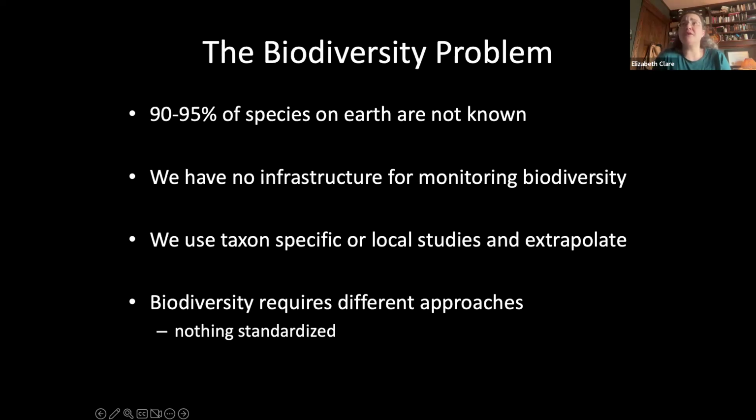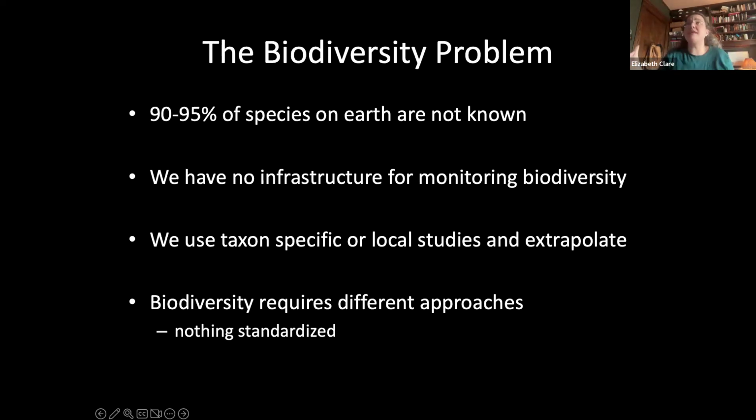Why is it so unknown? Why do we know so much about so little? It's that we don't, as a planet, have any infrastructure for measuring biodiversity. We just don't do it. We do biodiversity assessments using taxon-specific tools. So I go out to study my favorite animal locally in one habitat where I work. I go every year down to Belize as a part of a team, and we study bats in this one area of Belize.